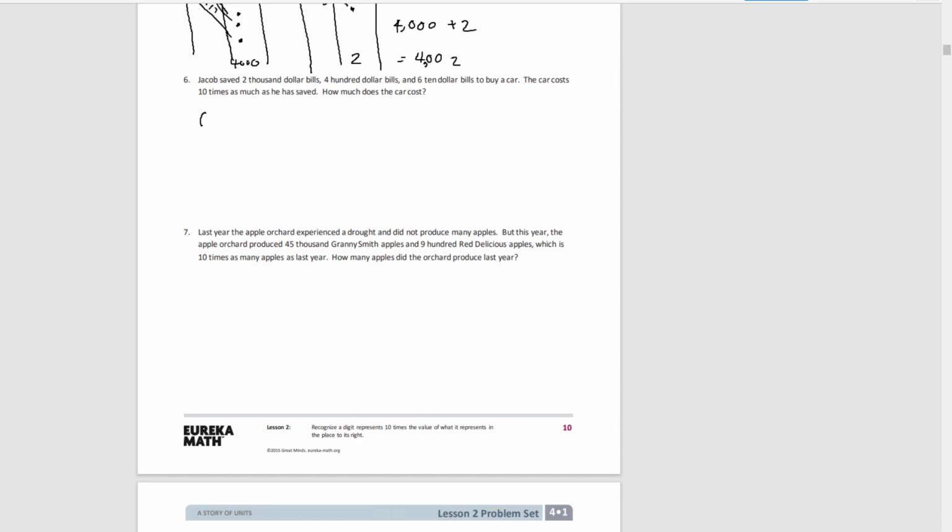Okay, our full number is 2 thousands, four hundreds, and 6 tens. And we need 10 times that. So let's do each separately. So 2 thousands times 10 would be 20,000. 400s times 10 would be 4,000.